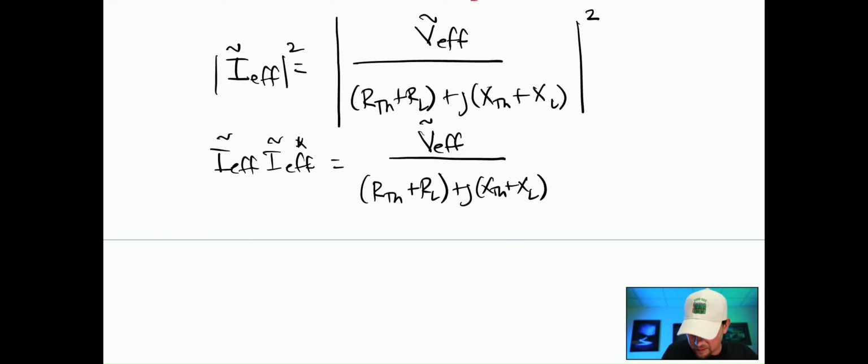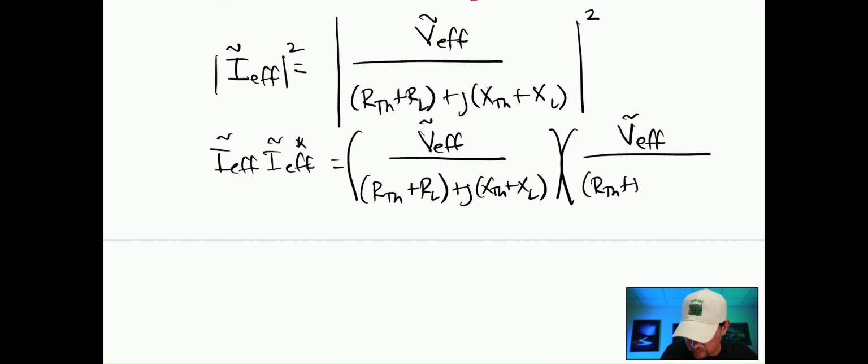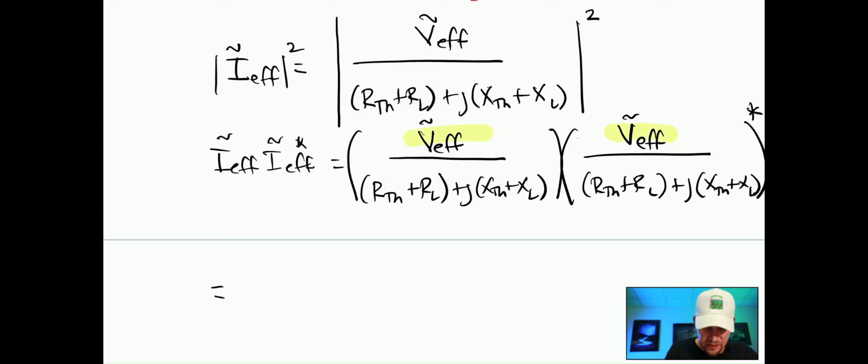like this, and times the complex conjugate of this. I need to take the complex conjugate of that. Well, it's not so bad, because the complex conjugate of V effective times V effective is just the magnitude of V effective squared.